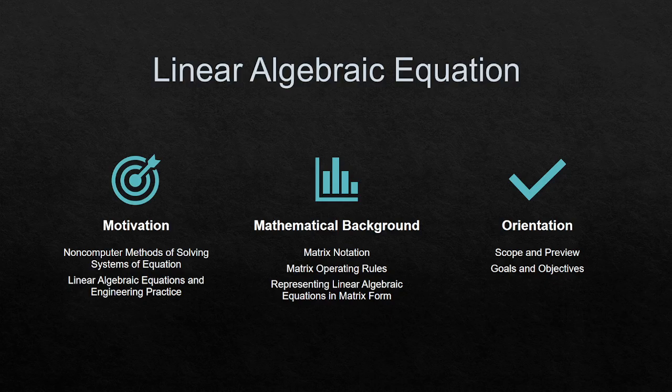There are many ways to solve them. If you have just two equations with two unknowns, usually you use the substitution method or the elimination method. There are many ways to solve two equations.